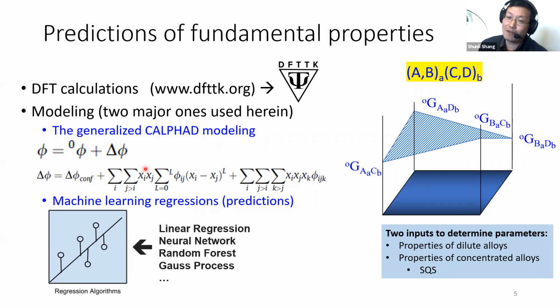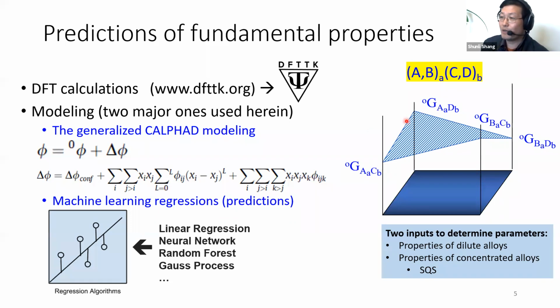When we do the CALPHAD modeling, usually we use this equation. For example, as a Gibbs energy, we use this sublattice model. The capital A, B, C, D are elements. The small a, b are the sublattice ratios.